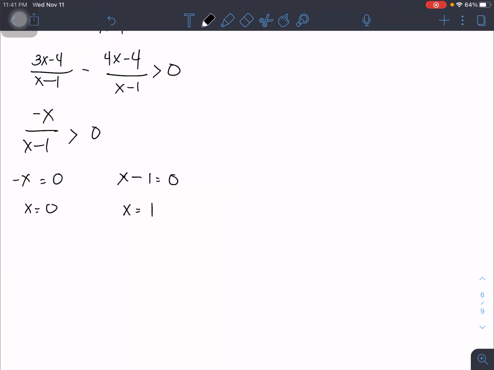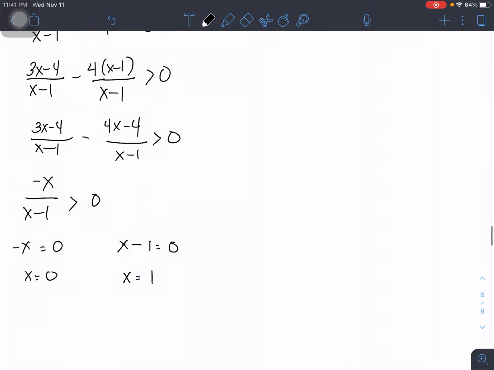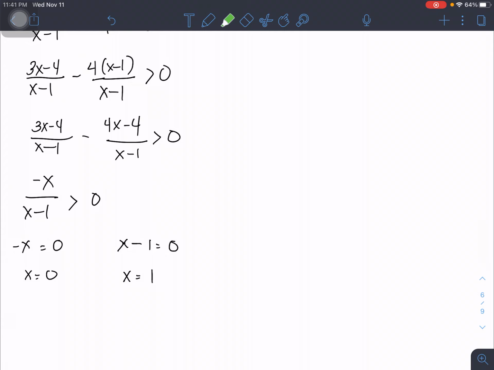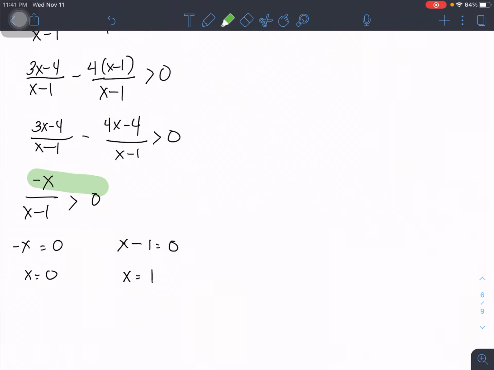So we will be having a number line wherein the partitions will be assigned to 0 and 1. So let's have a number line. Okay? I would like to highlight this one because this will be our main expression which will be used for the argument verification.